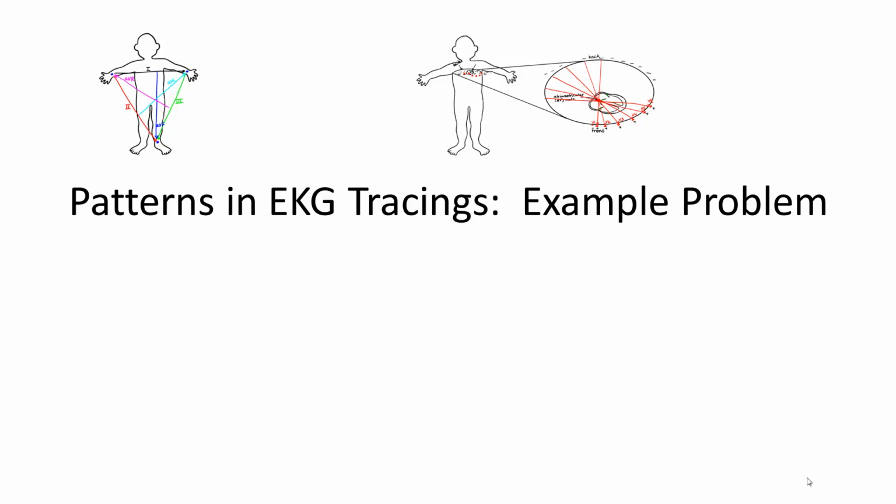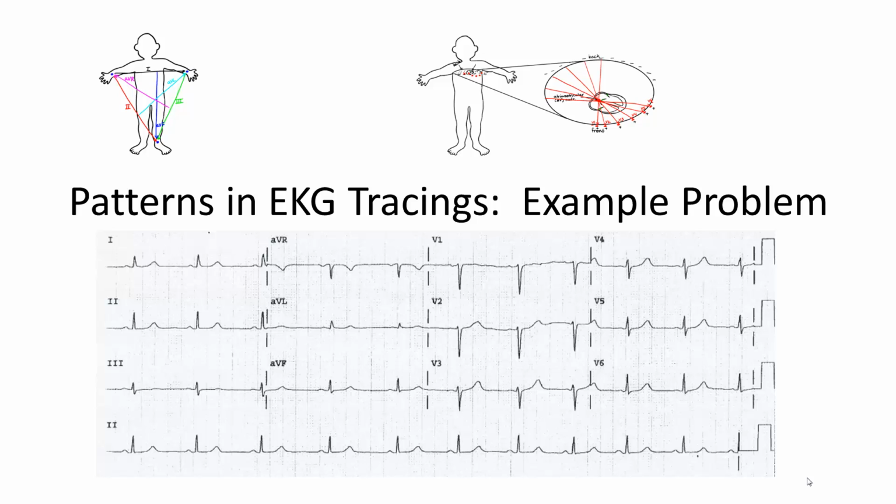And so when the EKG comes back, it looks something like this. And remember, the patient is completely healthy, and so this tracing is actually normal. But you are surprised because you start to take a closer look at the leads and you realize that the voltage tracing from one lead looks different from the voltage tracing from the other leads.